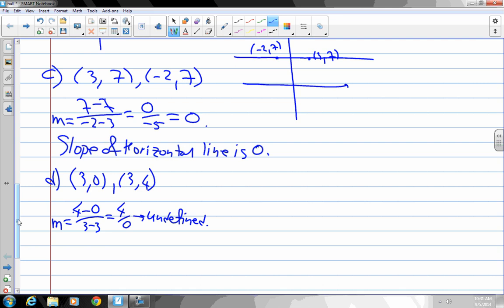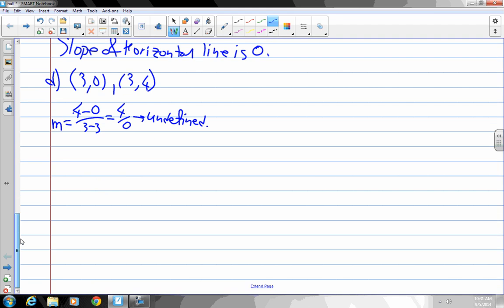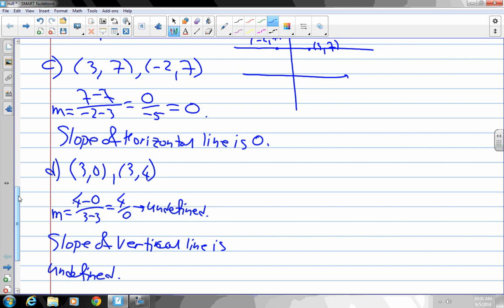There's no change in x. Okay, so the denominator is 0. Okay? All right.